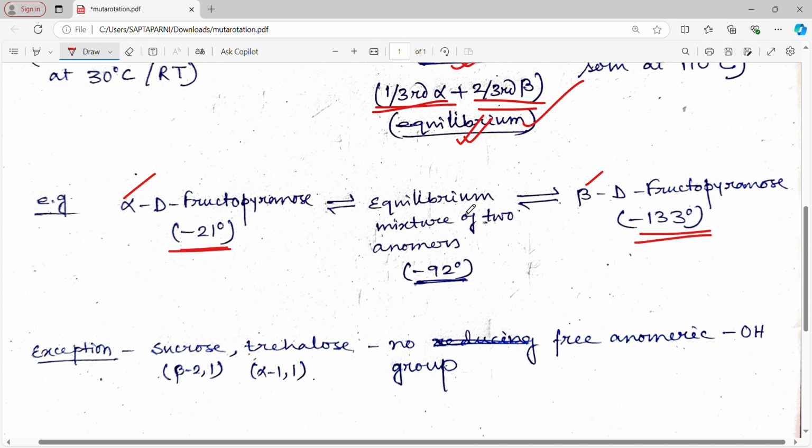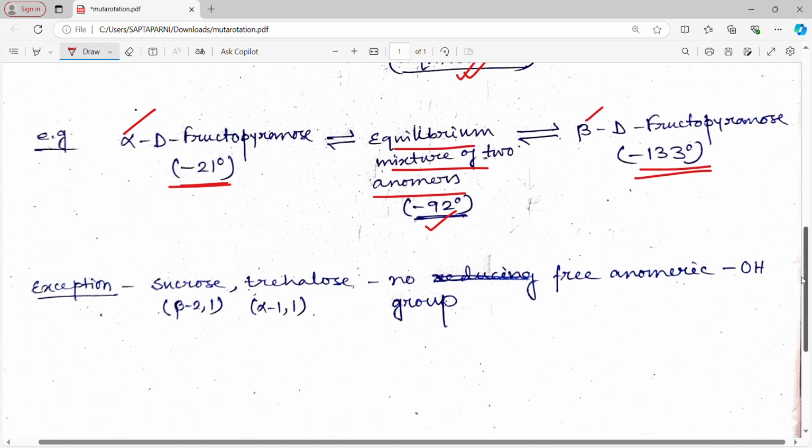But at equilibrium, the mixture of these two anomers has an overall specific rotation of -92 degree. This is an example of levorotation, and glucose is the example of dextrorotation. Okay, got it?